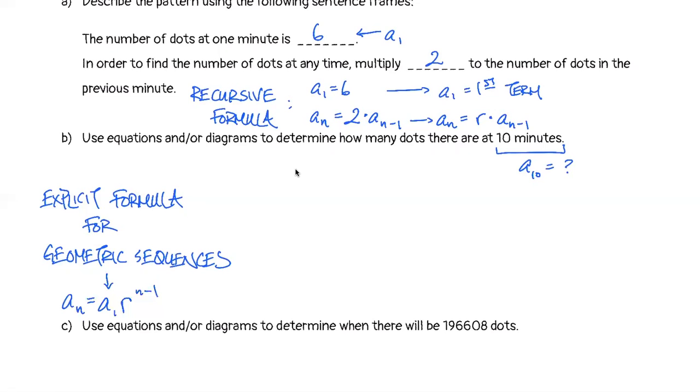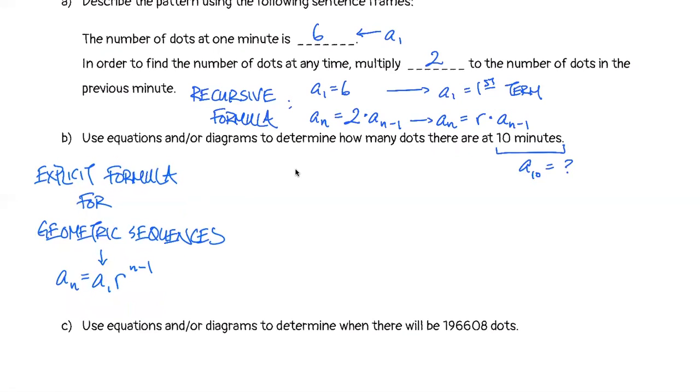Okay. Now, this r, let's make a note of this. r equals not the common difference, but something we call a common ratio. Okay, so the common ratio is just what number you are multiplying by to get to the next term.